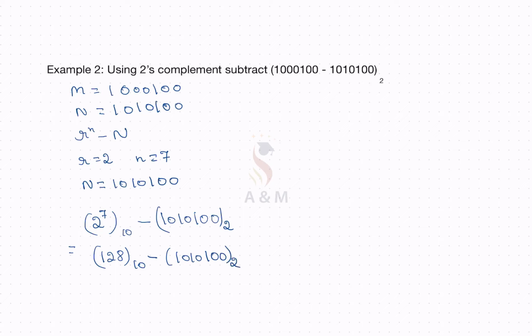Here we have different bases, therefore convert 128 to the base 10 into binary. We get 10000000 minus 1010100 to the base 2.